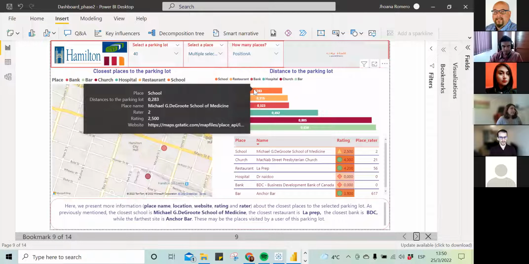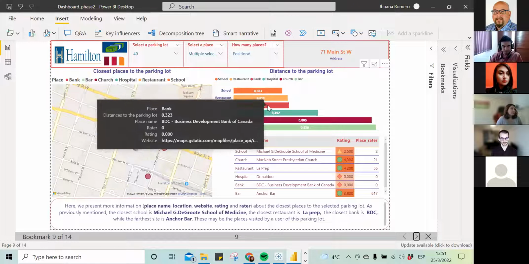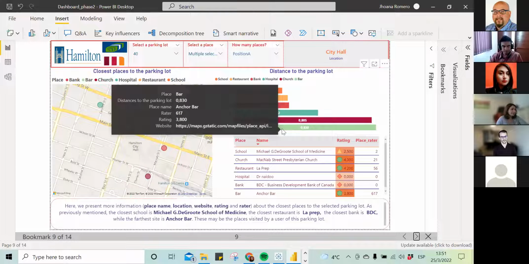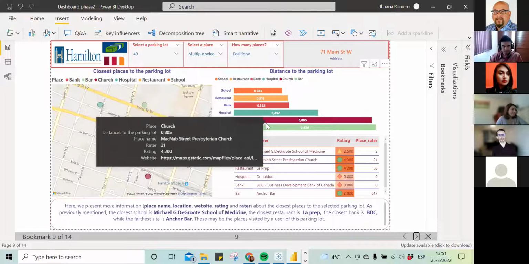For instance, the school is the Michael DeGroote School of Medicine. The name of the restaurant is La Prep. The name of the bank is BDC, and so on. Additionally, in this table, we can see the rating and raters of those places, and we can access the websites of these important places.